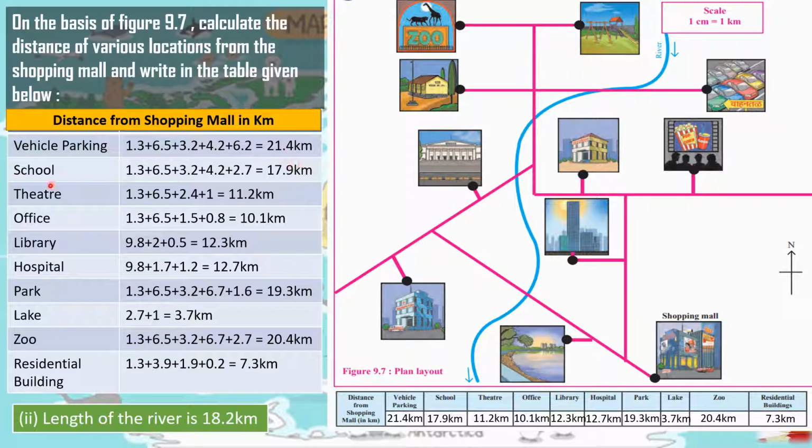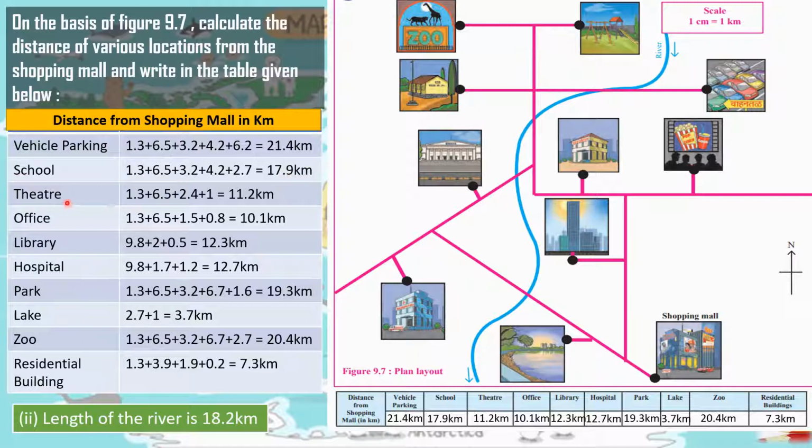Next one is school. School is here. So again we'll start from here, that is 1.3 plus 6.5 plus 3.2 plus 4.2, and your last is 2.7, that is 17.9 kilometers. So from shopping mall to school is 17.9 kilometers.